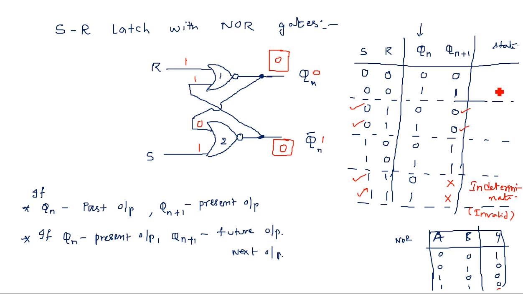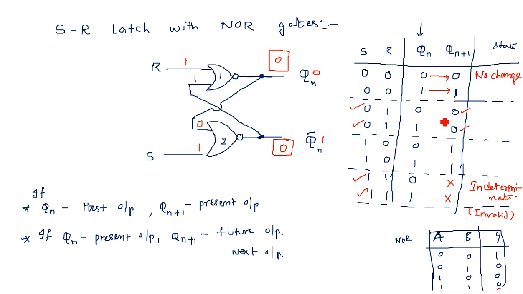Okay, and what about this one? See, when Q is equal to 0, output is also same. That means past output and present output both are same. Here also past output, present output both are same. That means this state is a no change state. Previous output is same, carried forward to the next state.